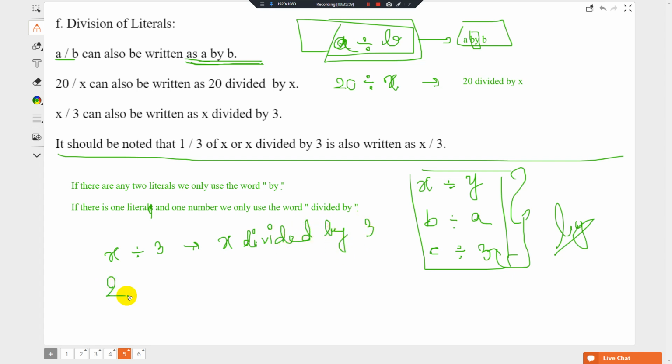They have given 20 divided by 8, so we'll write 20 divided by.